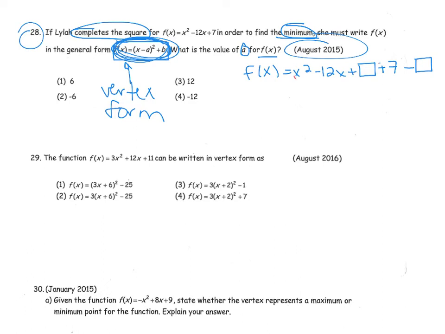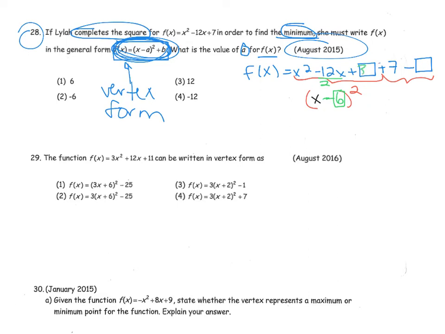We have to rewrite this trinomial as the product of two binomials. The way we get the values that belong inside the parentheses, again, we have the b term. Half of -12 is -6. And then we square this value. So now I'm going to square 6.